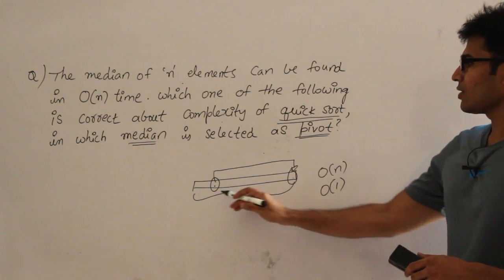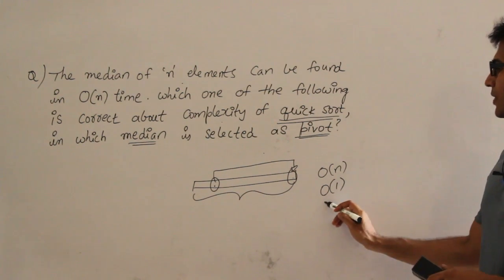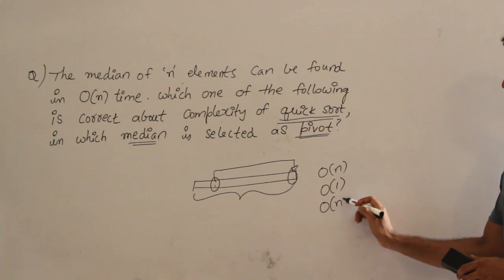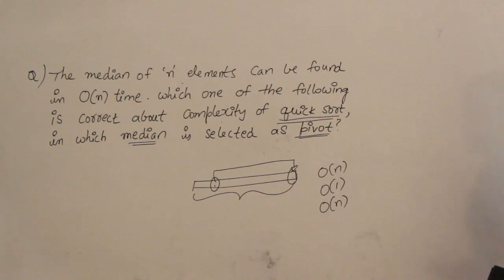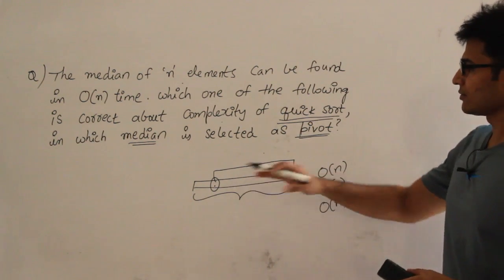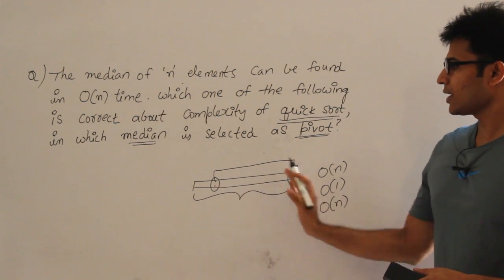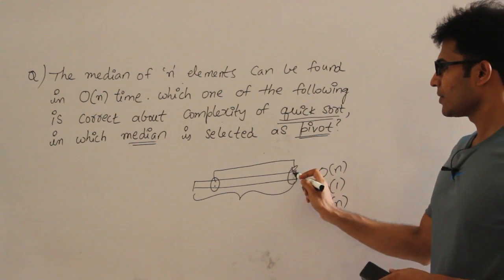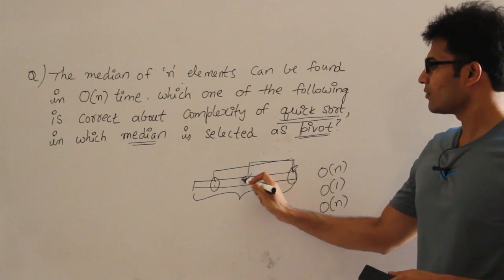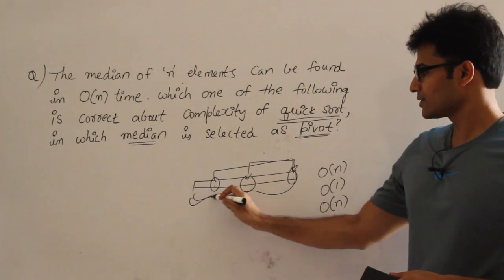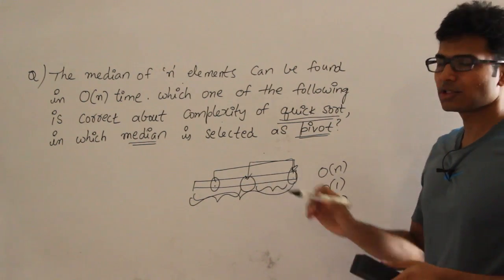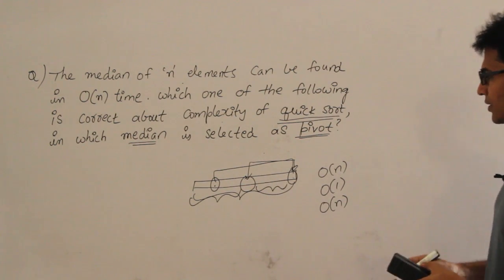Now you apply the partition on these n elements, for which the time taken is order of n. After applying the partition algorithm, we partition the entire list. Since this element is supposed to be in the middle, we get two lists of size roughly n by 2 and n by 2.